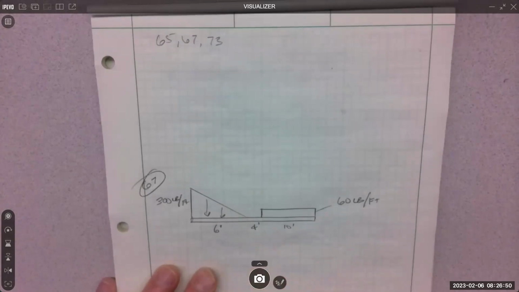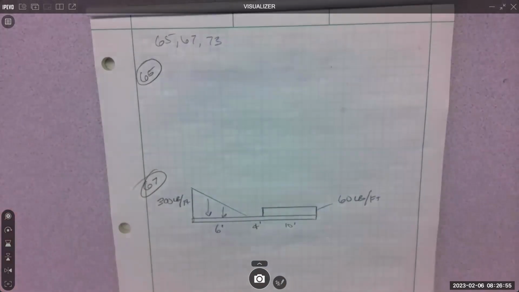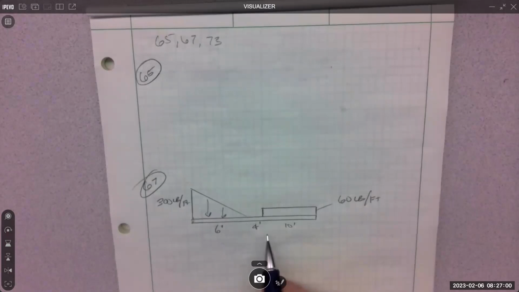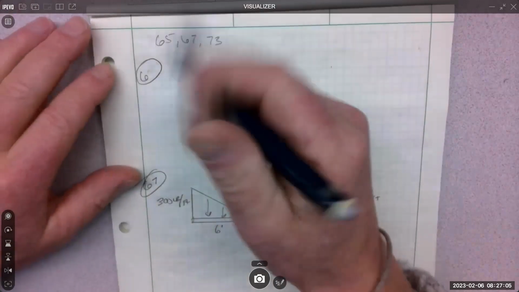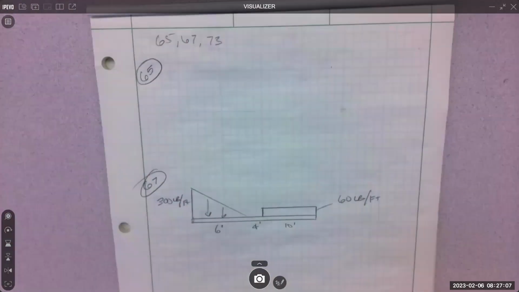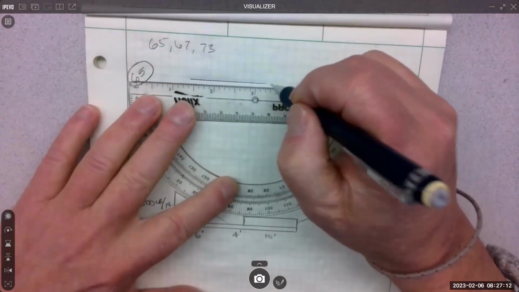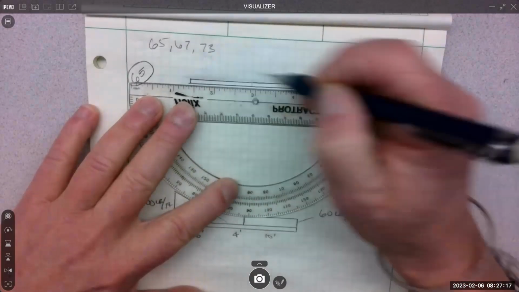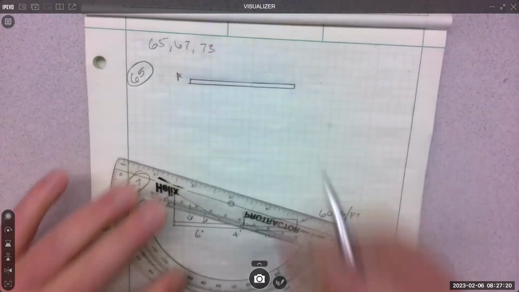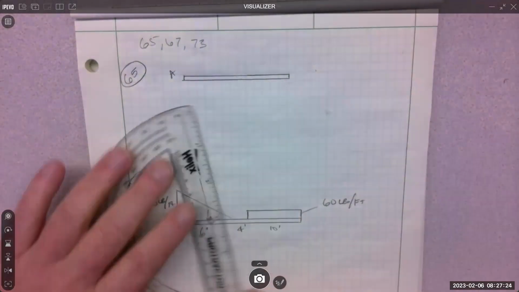All right, 65. I did not have a picture of. What's 65 look like? I got 67, I think. So like a cantilever beam? Oh, nice. Okay, hang on. This is good for me. I gotta follow verbal instructions. So I'm gonna call that A. What's 5 feet? 3K vertical?